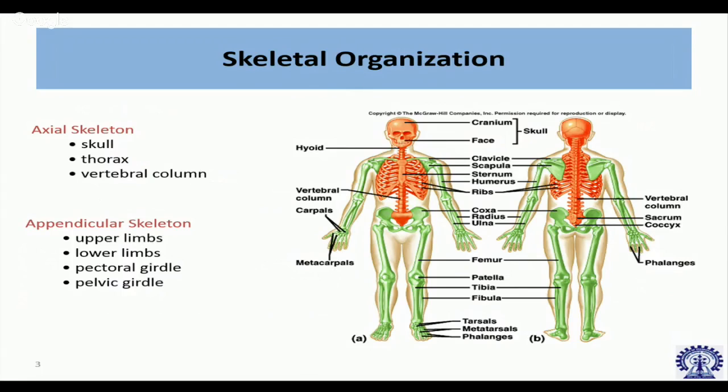So we have upper limbs, lower limbs, pectoral girdle, and the pelvic girdle, all marked in green on your screen. So basically, we can divide the skeletal organization into two types: the axial skeleton and the appendicular skeleton.